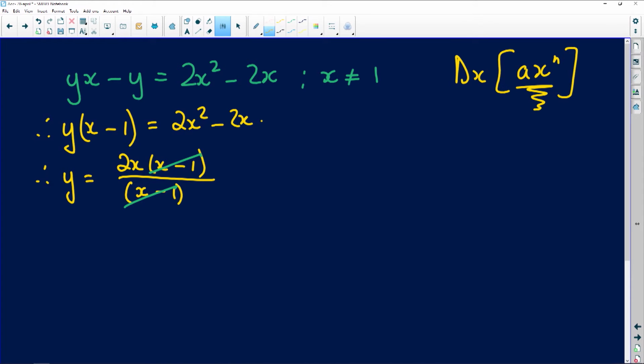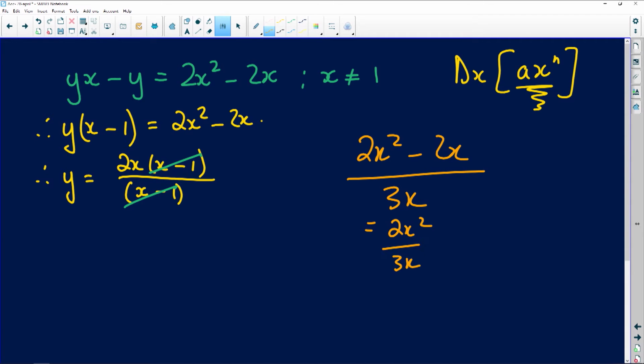Why did I know I had to do that? Folks, it's a binomial in the denominator. If it was like this, look at this. If I said this was 2x squared minus 2x divided by 3x, then I can rewrite this as 2x squared over 3x minus 2x over 3x, because that's in fact what happened there.